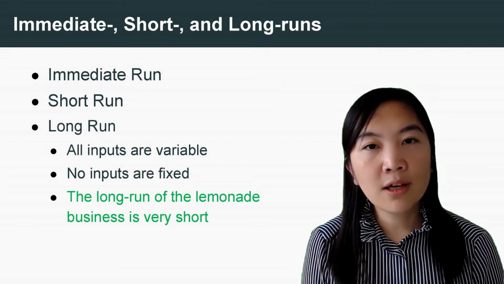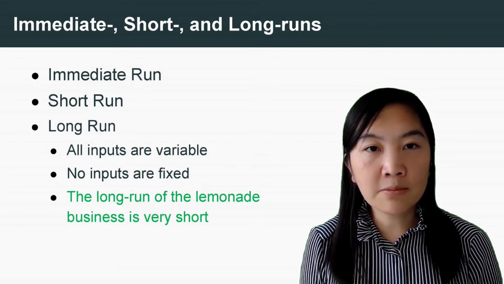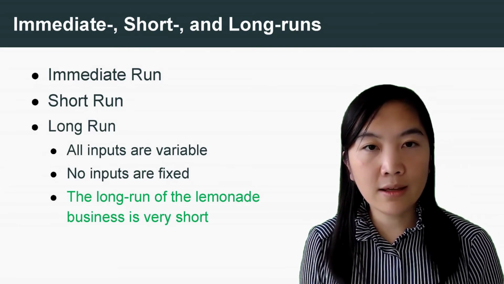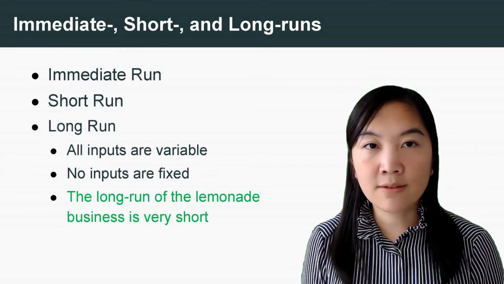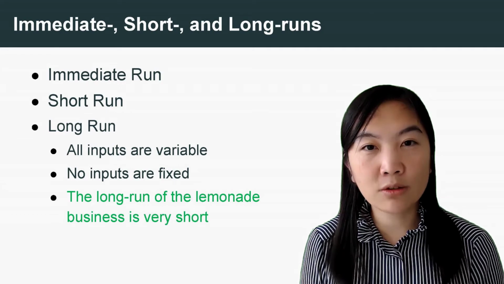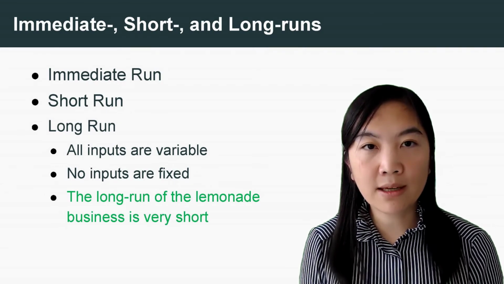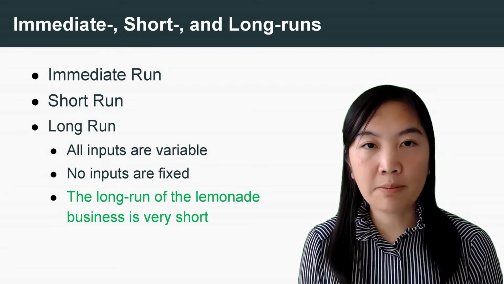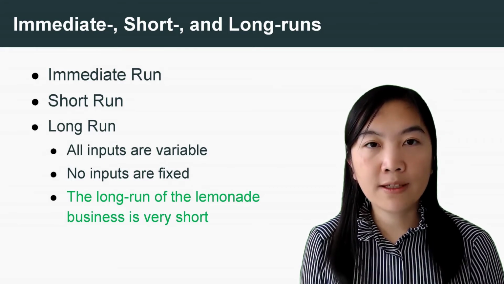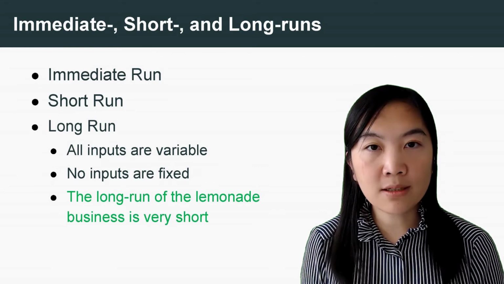For example, the long run of the lemonade business is very short. So that is an example showing that the difference between those 3 runs is not only about time. It's usually about time, but again, the difference depends on whether the inputs are variable or fixed, or a mix of them.